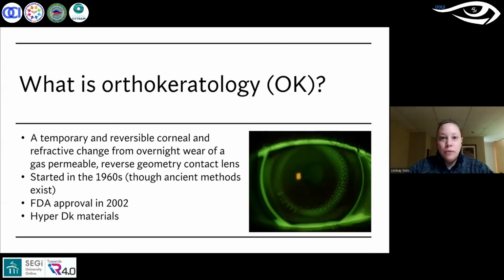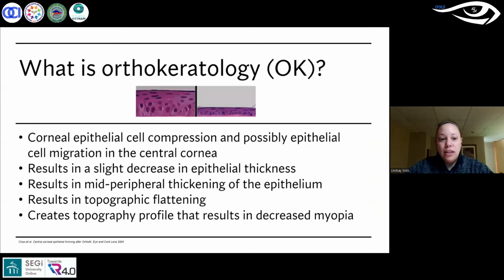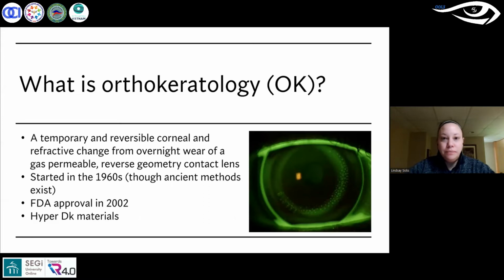With the FDA approval of orthokeratology in 2002, we were able to accelerate the availability of Ortho-K to the general population for fitting. And I know that it's gaining traction in other parts of the world as well. This was also in tandem with the development of these hyper Dk materials.